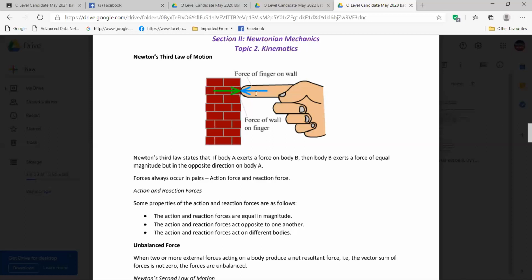And if there are two objects working and there is pair force working, then it is the third law. And if there is any resultant force available there, that is unbalanced force.